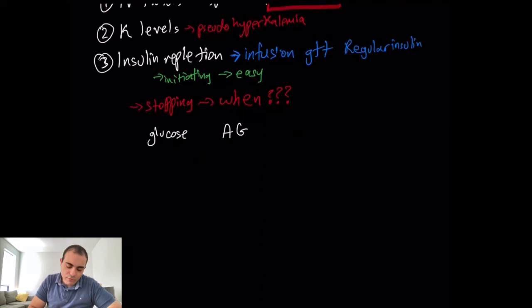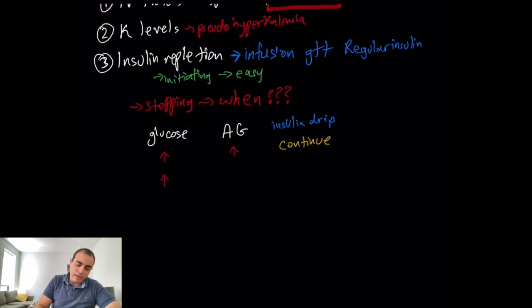So if the glucose level is high and the anion gap is high, what do you do with the insulin drip? Continue or stop? Continue, right? This is easy.